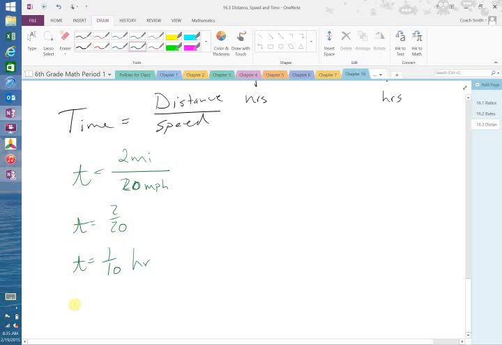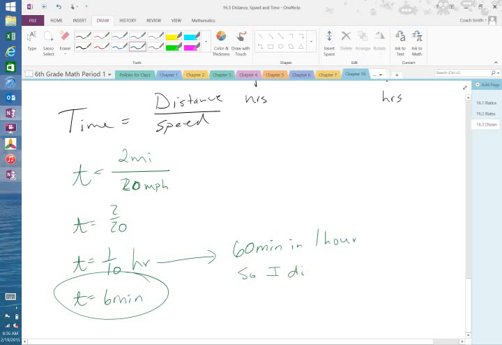So it took 6 minutes to go the 2 miles. Remember, 1/10 of an hour, there is 60 minutes in 1 hour, so I divide 60 by 10 to find how many minutes.